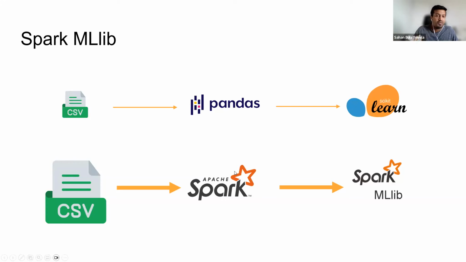We can use the Apache Spark DataFrame API to load this big data set into these multiple machines. And then we can feed this Spark data frame into one of the large-scale machine learning libraries or functions in the Spark machine learning library.